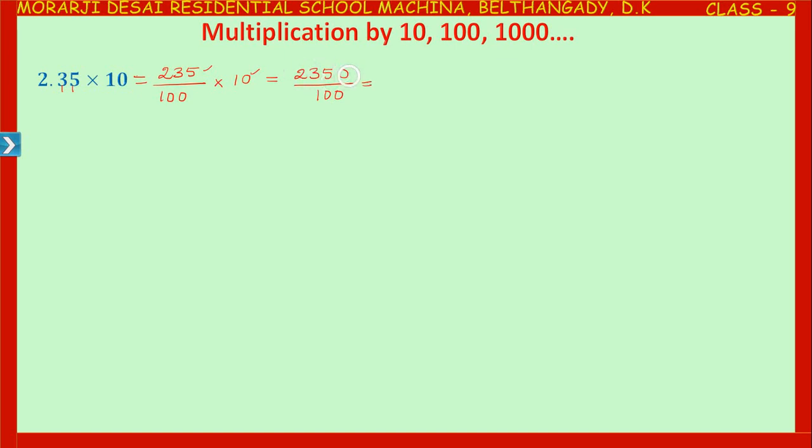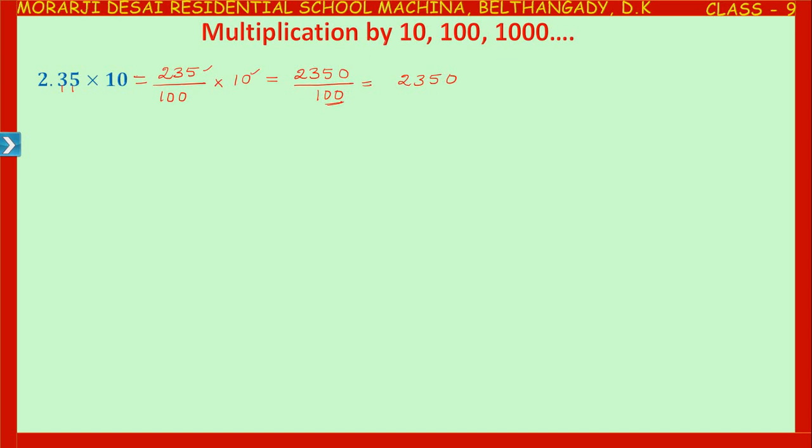Now convert this into decimal. While converting into decimal, how many places should come after the decimal point? That is according to the number of zeros. Here we have 2 zeros.